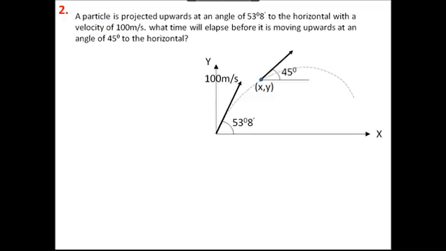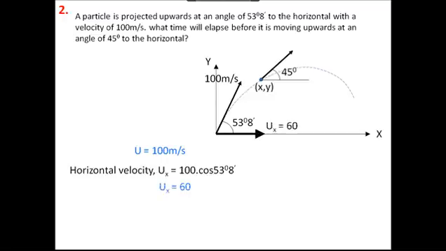Okay, how we do it is, the projection velocity of the projectile is 100 meters per second. Therefore, the horizontal component is 100 cos of the projection angle. If you work out the multiplication, it will be 60, so ux is 60.